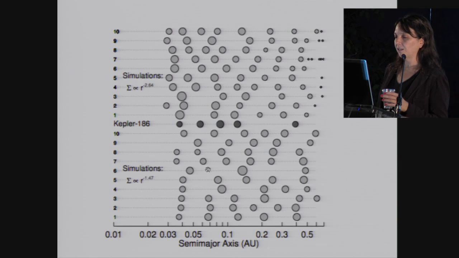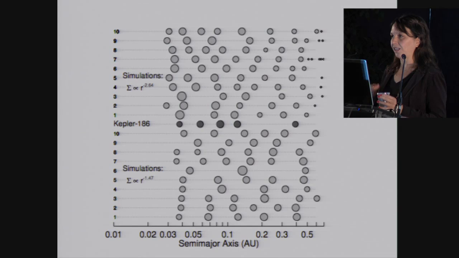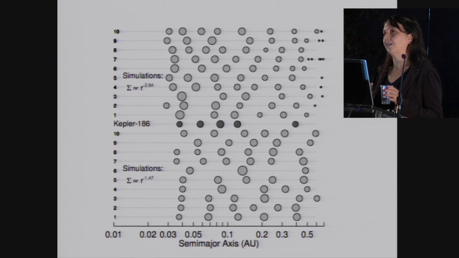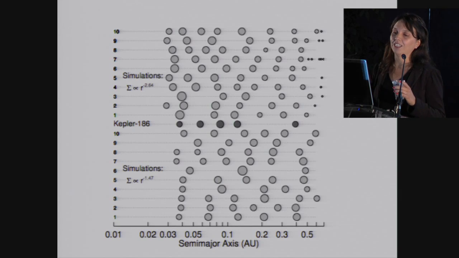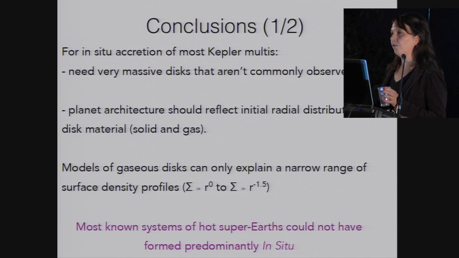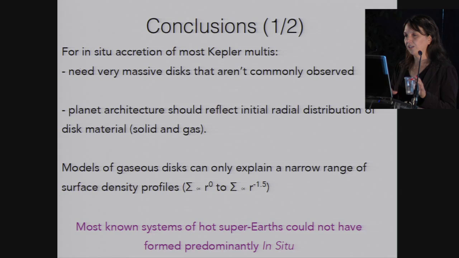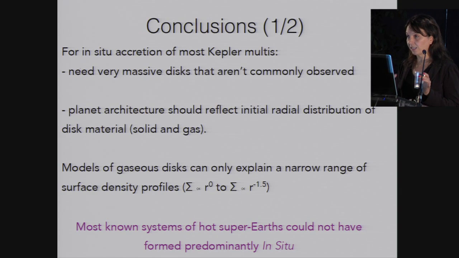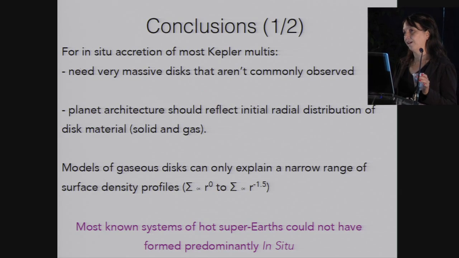Below, with this other extreme disk, we were able to form planets that were similar in number, but then they're too large. So somewhere in there is a surface density profile where we can match them. So we can continue this exercise. But point being is that if you want to form these planets around the star, you need a lot of disk mass close to the star on a steep profile.